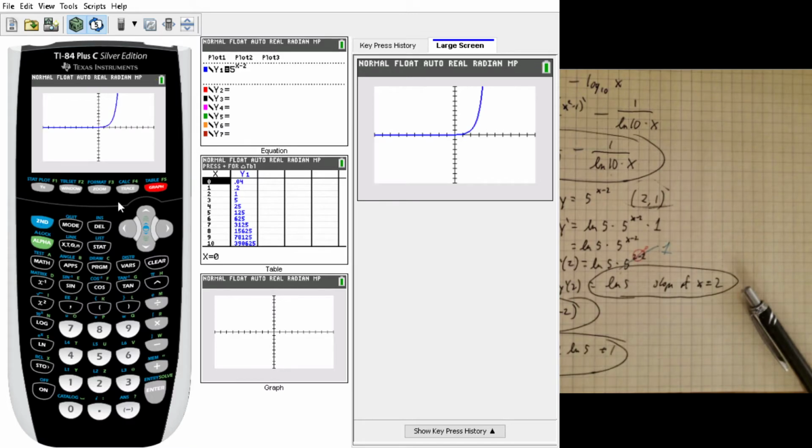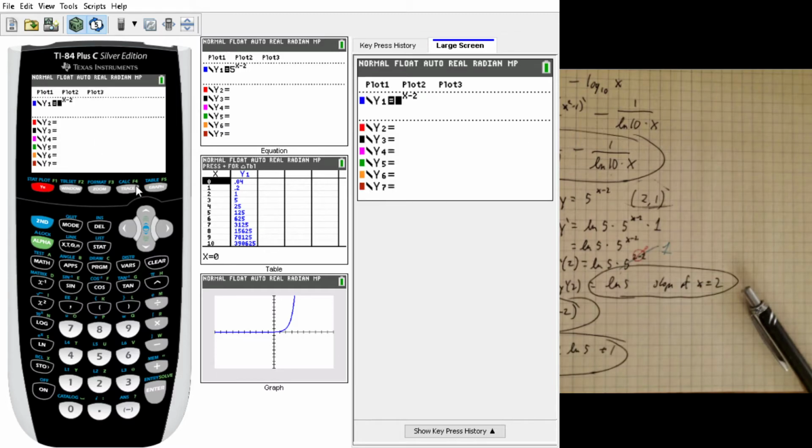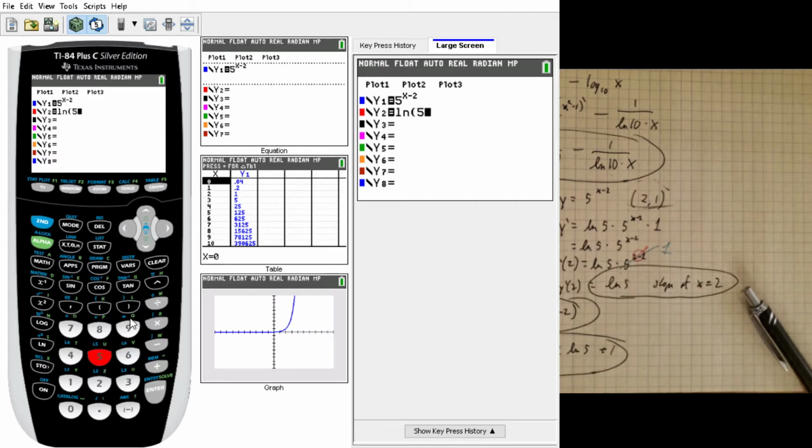Yay! Okay, now let's pull in the tangent line and make sure it actually fits that graph. So, my tangent line is y equals the natural log of 5 times x minus 2 ln of 5 plus 1. If this is correct, then at the point 2, 1, it should be tangent. Let's take a look.